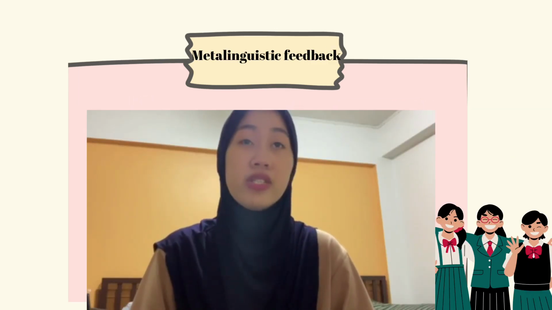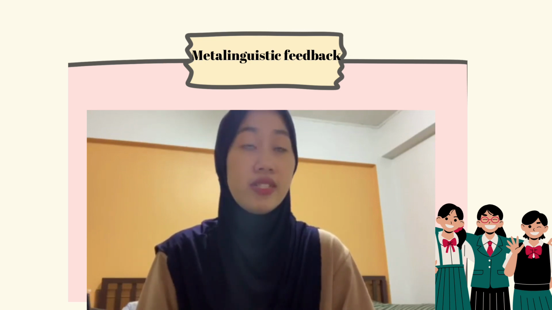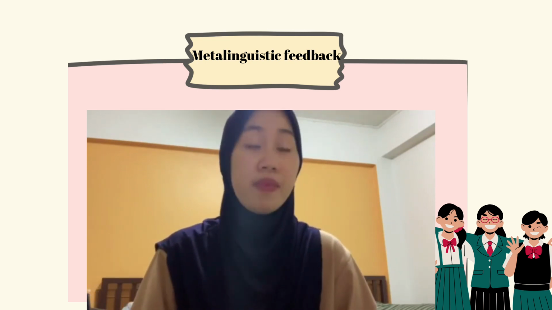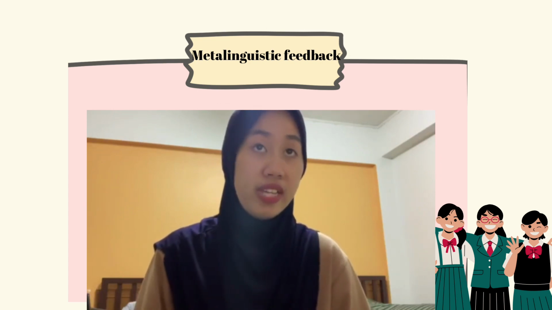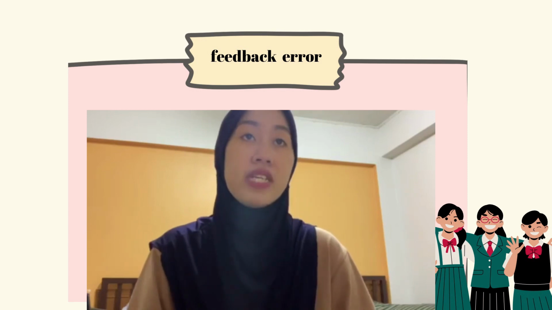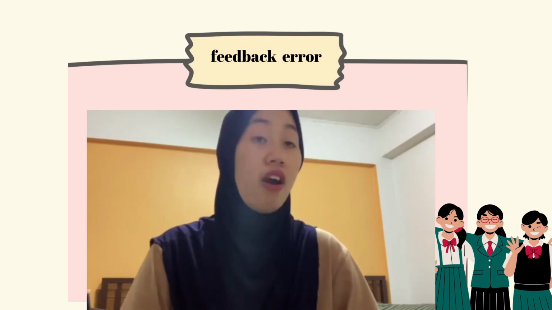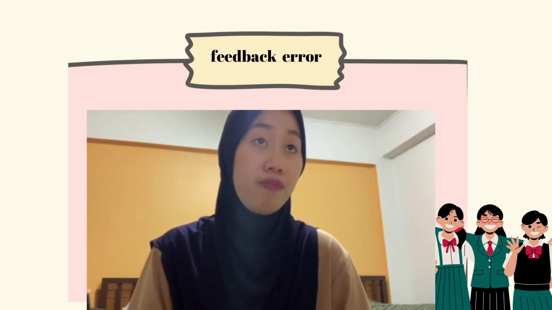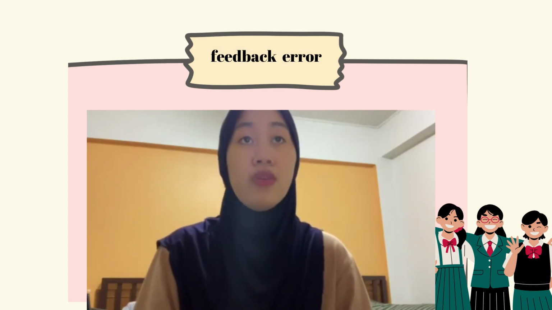Teacher: Try again. It is metalinguistic feedback because the teacher tried to get the student to try again. Student 2: Buy. It is feedback because the mistake of the first student is corrected by the second student.